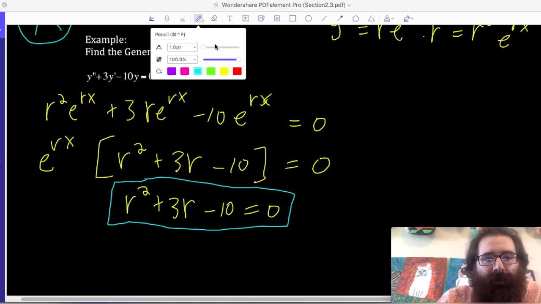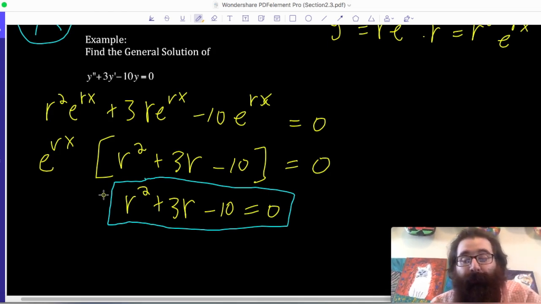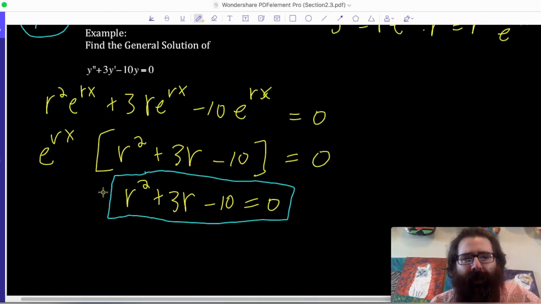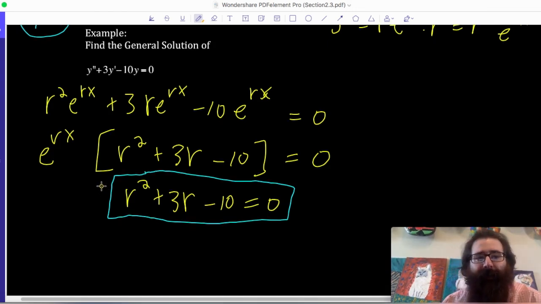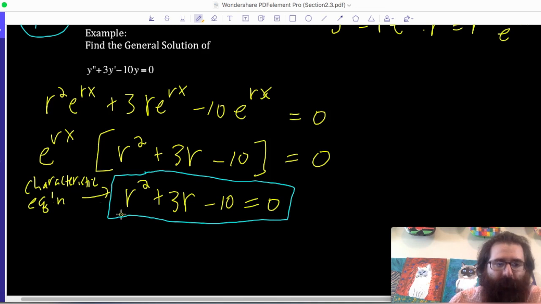So we say, okay, the exponential term won't be equal to 0, but the rest of this could be equal to 0, that r squared plus 3r minus 10. And if I can factor that, I want to factor it further. So let's see if this will factor, and it looks like it will. This is our characteristic equation.